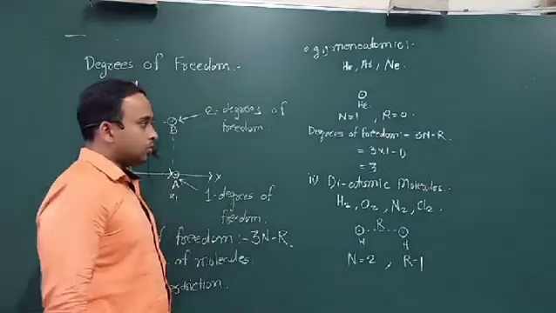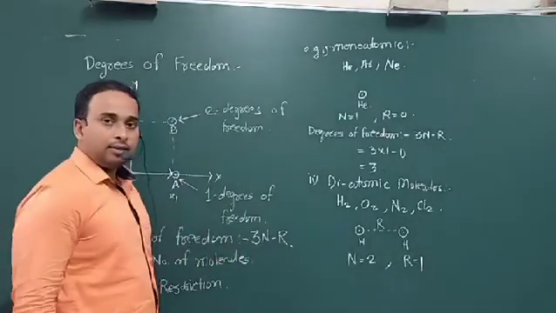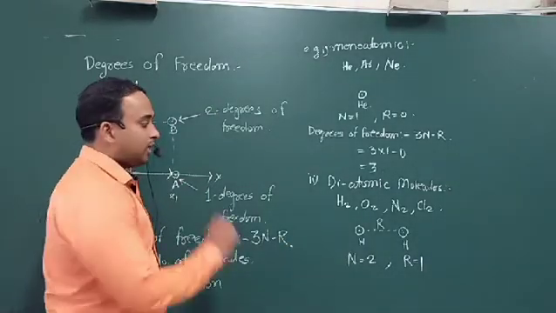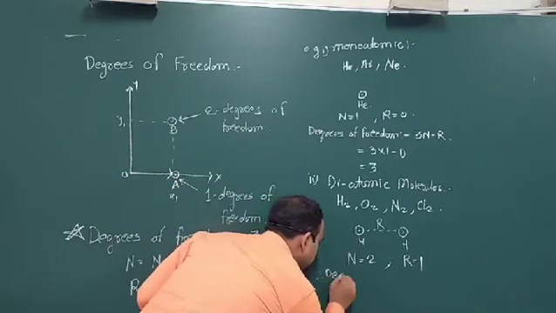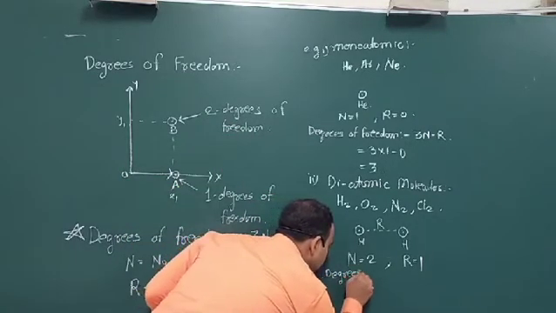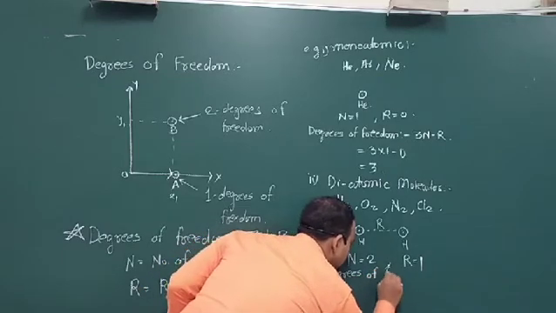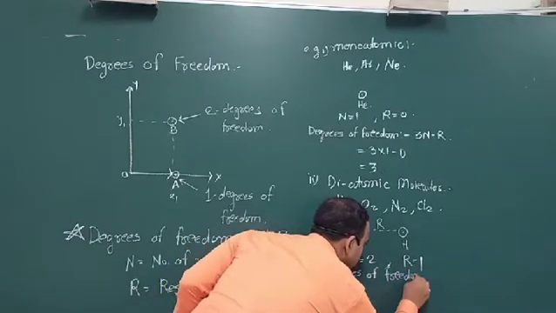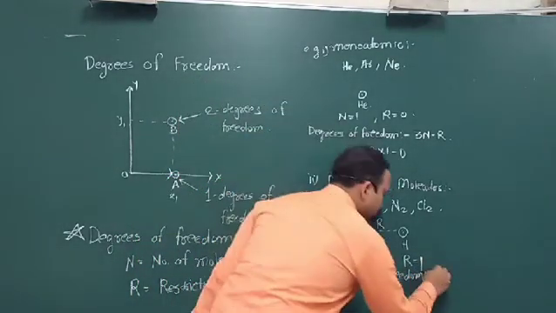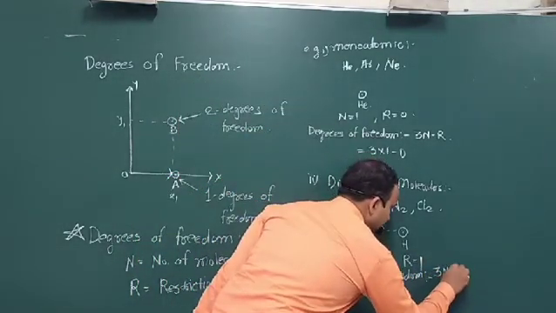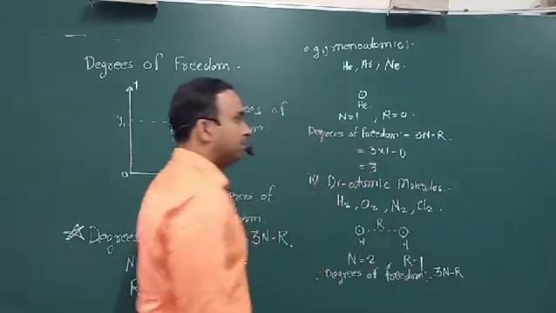Now we will find the degrees of freedom of diatomic molecule. The degrees of freedom of a diatomic molecule can be calculated by using the same formula, 3n minus r.